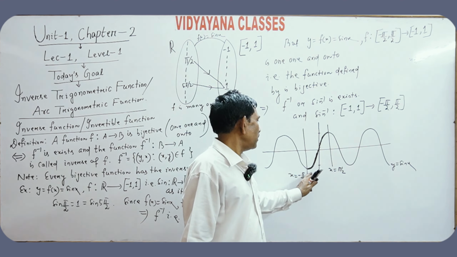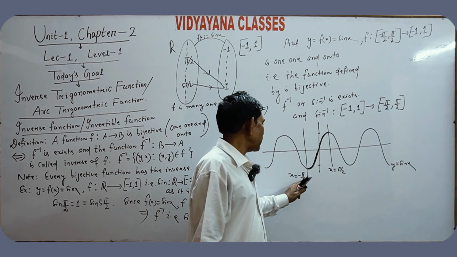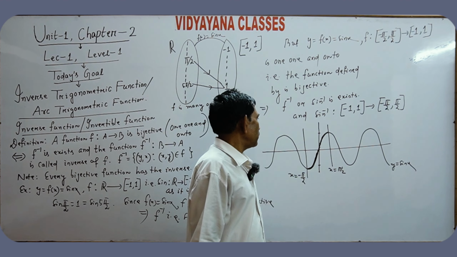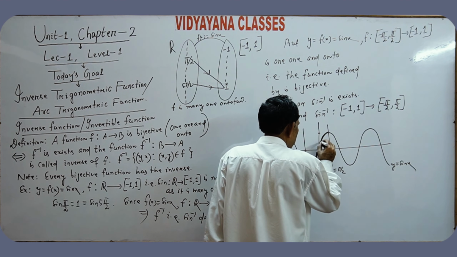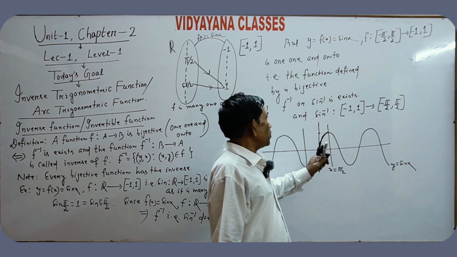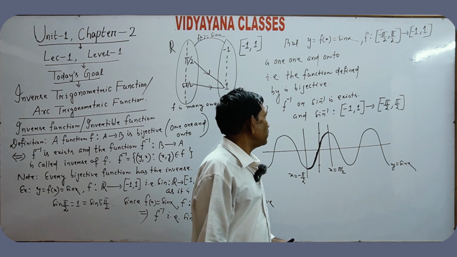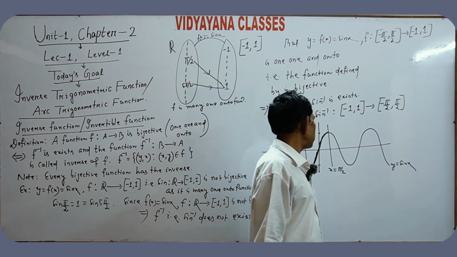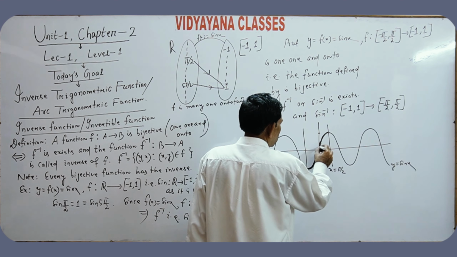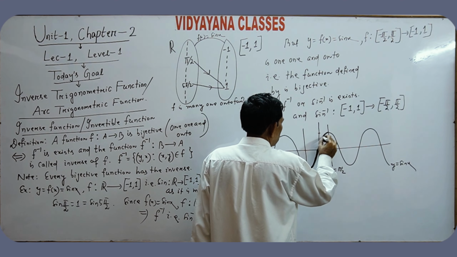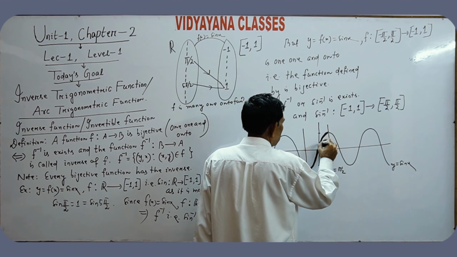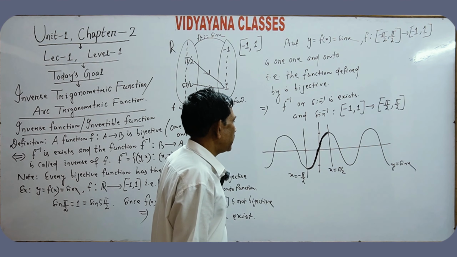In this interval, that means the closed interval [-pi by 2, pi by 2], the function is increasing, so it must be 1-1. Also onto, since the range of f is equal to this set. In this interval, the function is bijective. So its inverse exists.